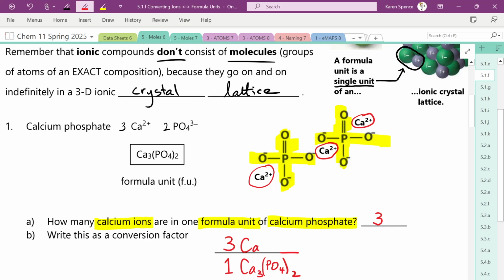And now I would like you to critique. I would like you to critique my conversion factor. I am missing something. Have a little chat with your partner, see if you can figure it out. What am I missing?